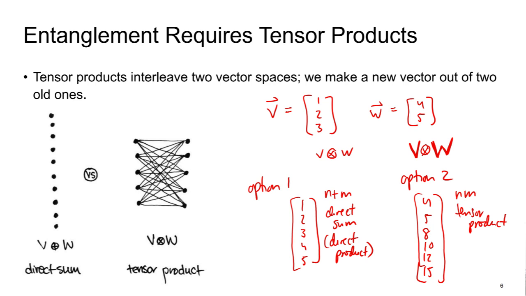So if we take two vectors, we'll call them V and W. We'll call V this column vector 1, 2, 3, and we'll call W another column vector 4, 5.